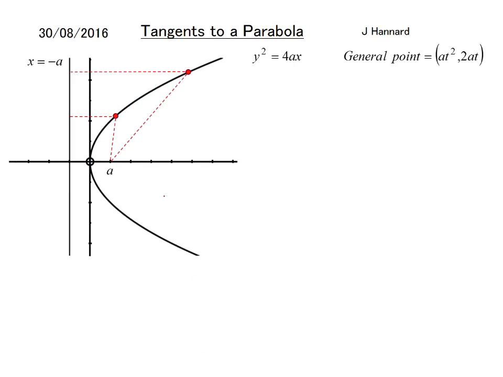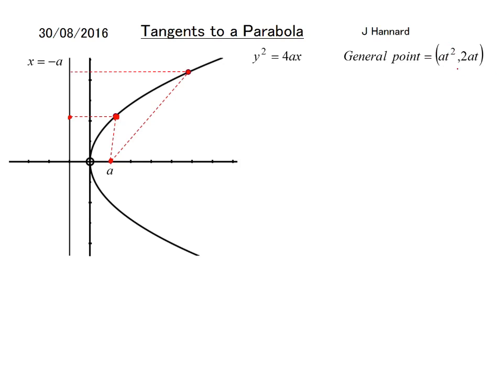We said the definition of a parabola is that if a certain point is equidistant from the focus, which is (a, 0), and the line, which is called the directrix, x equals minus a, then it is a parabola, and this works for any generic point along the curve. We call this generic point (x, y), but in terms of a and t, we go parametric, which you'll come across in Core 4.